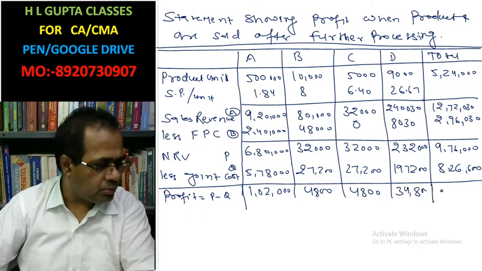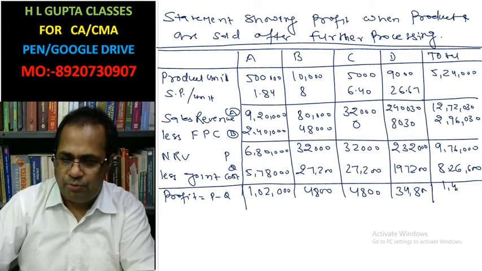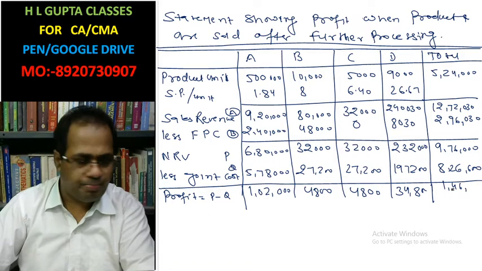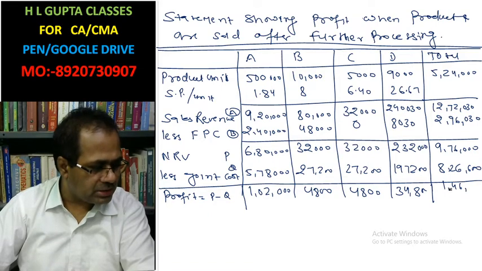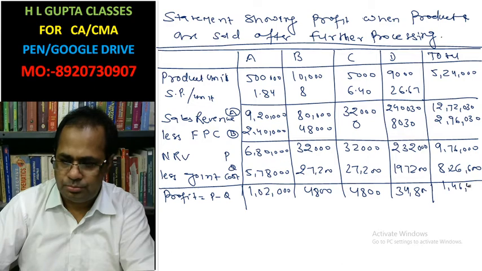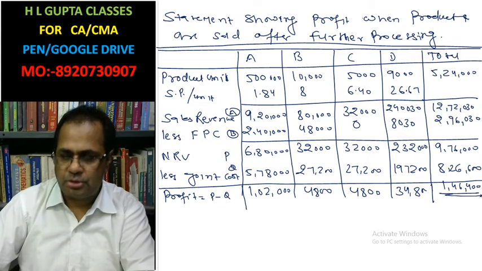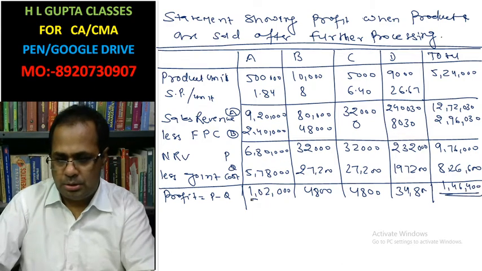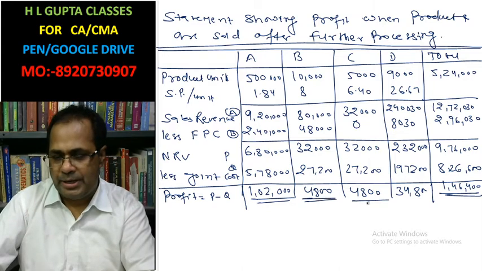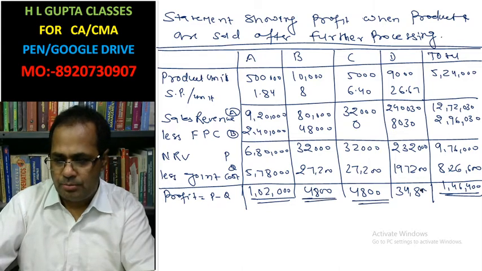Total profit is 1,46,400. This is the total profit.